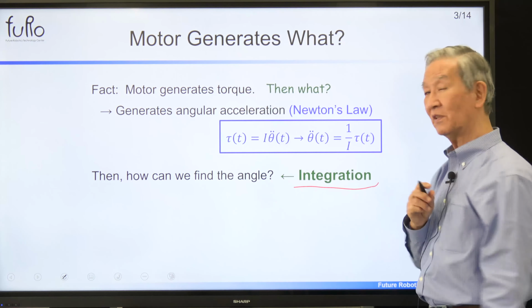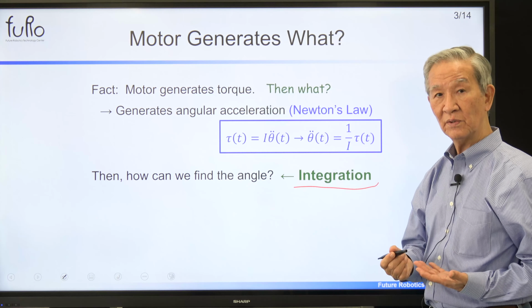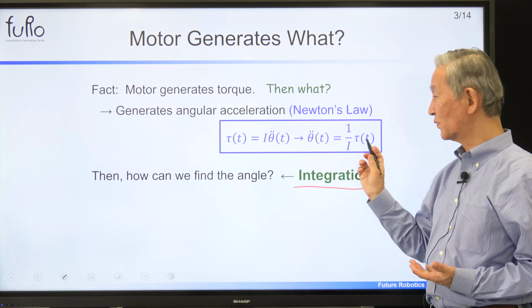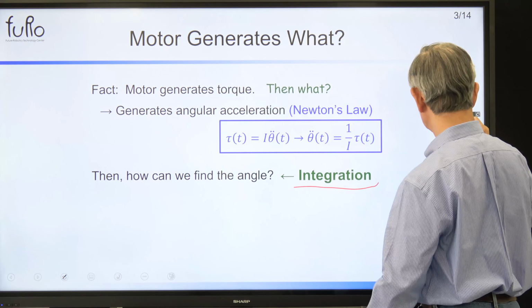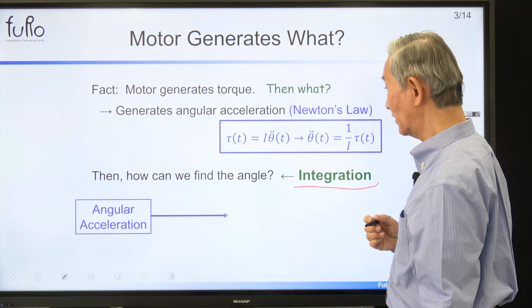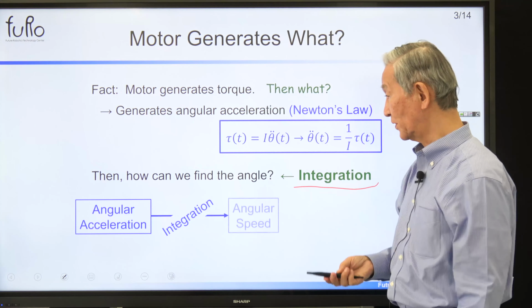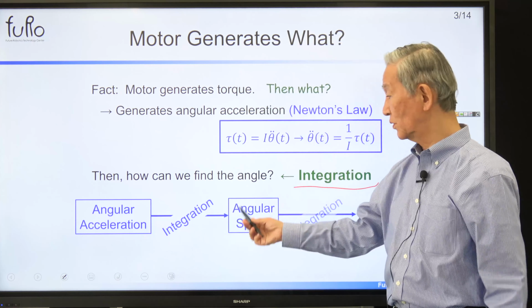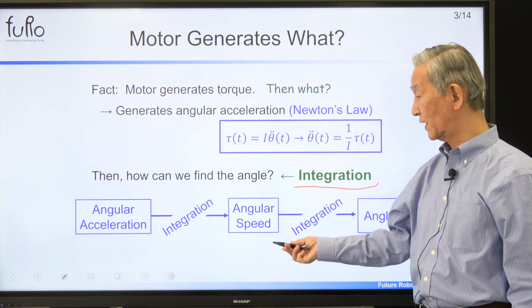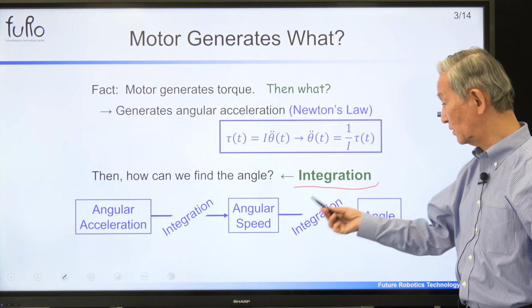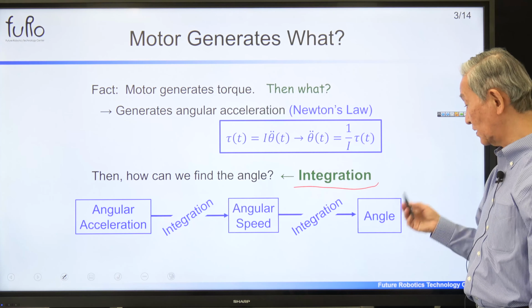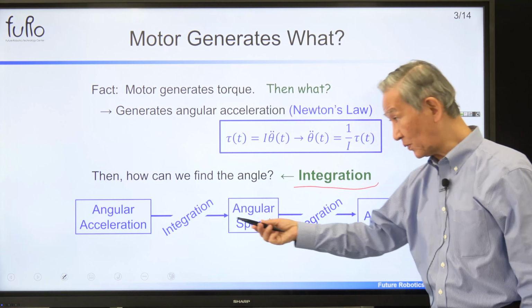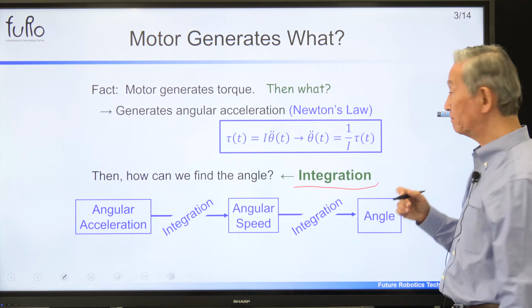That's called integration, a mathematical tool we use to find an angle from the torque. From angular acceleration, you perform integration, you get angular speed, and then you perform integration again, you get the angle. This is the process I'm going to show you today.